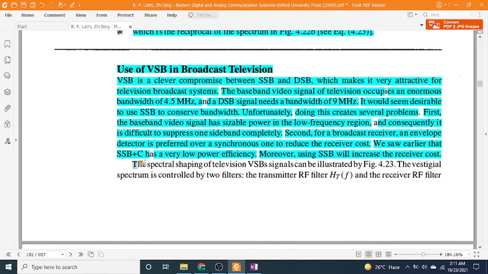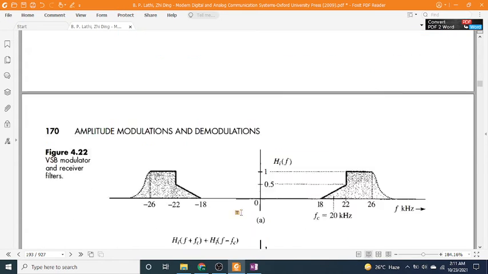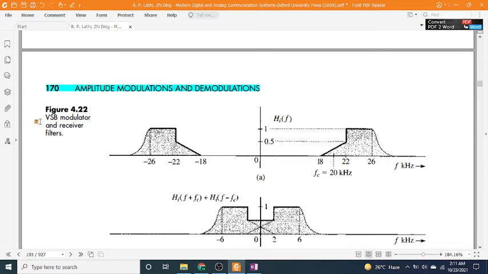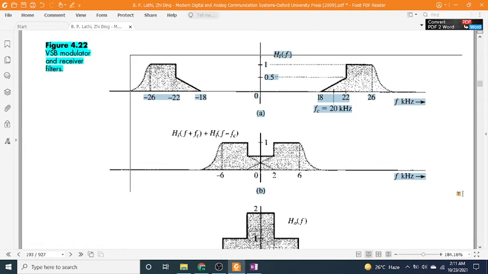The spectral shaping of television VSB signals can be illustrated by Fig. 4.23. The vestigial spectrum is controlled by two filters, the transmitter RF filter H_T(f) and the receiver RF filter H_R(f). Figure 4.22, VSB modulator and receiver filters.